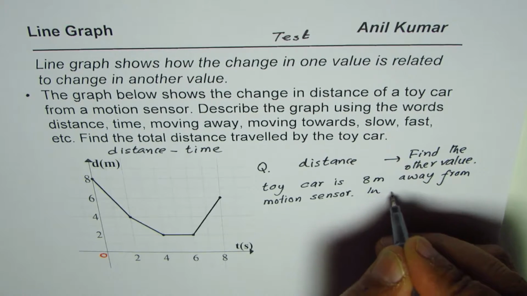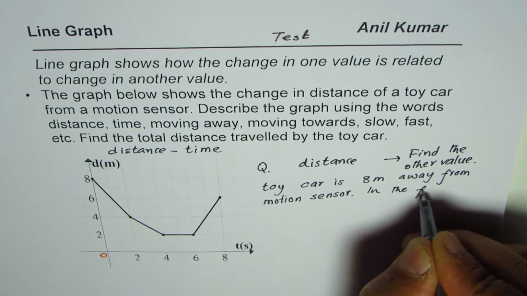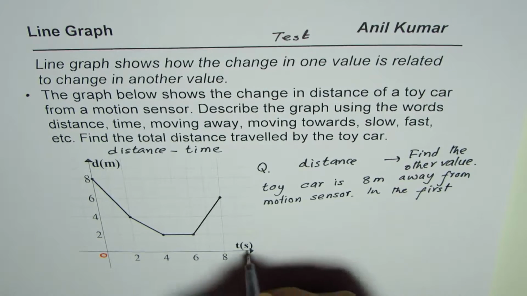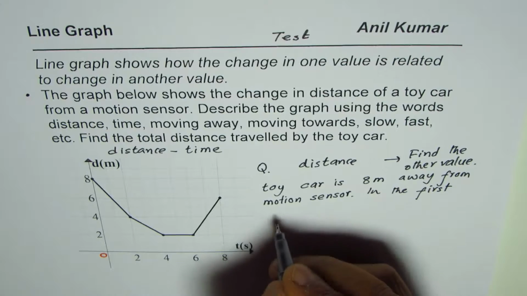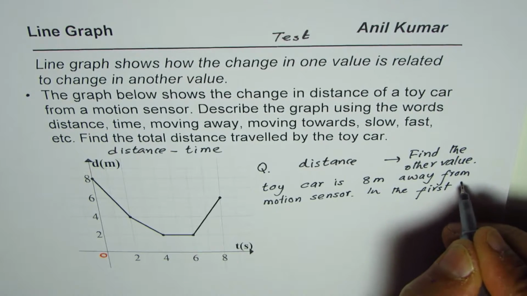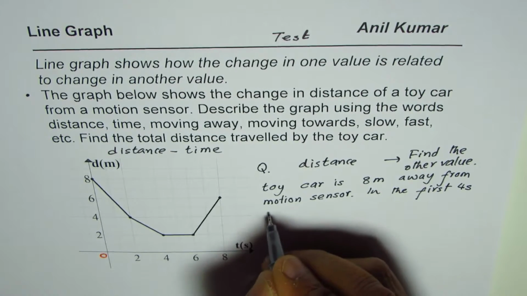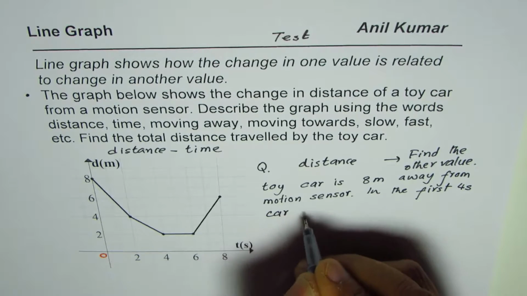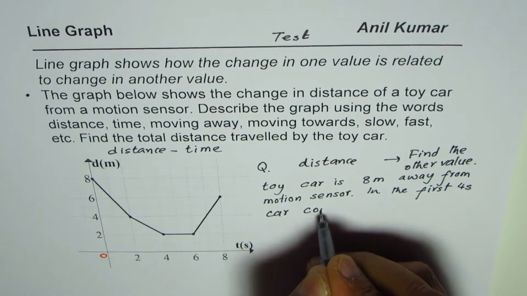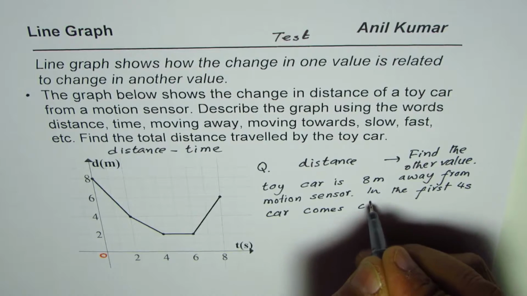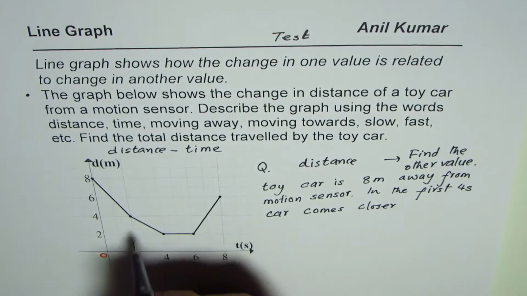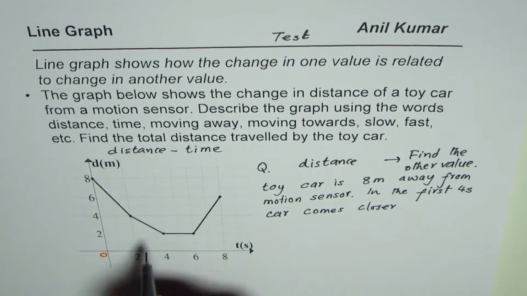So in the first 4 seconds, toy car comes closer. You could say moves towards the motion sensor, comes closer.